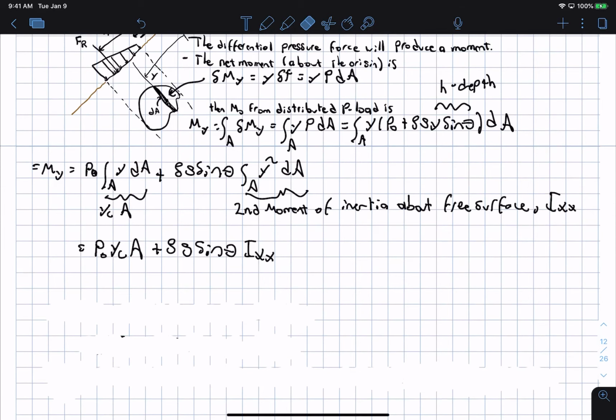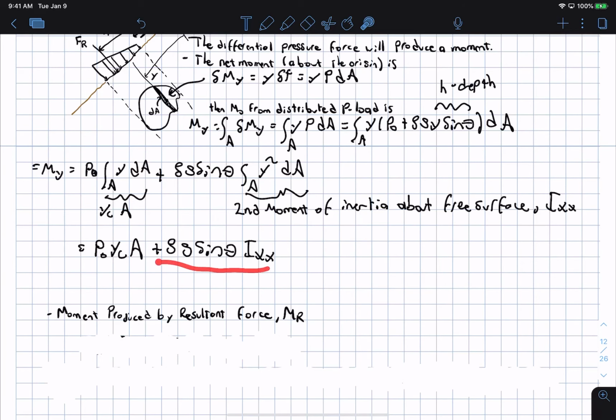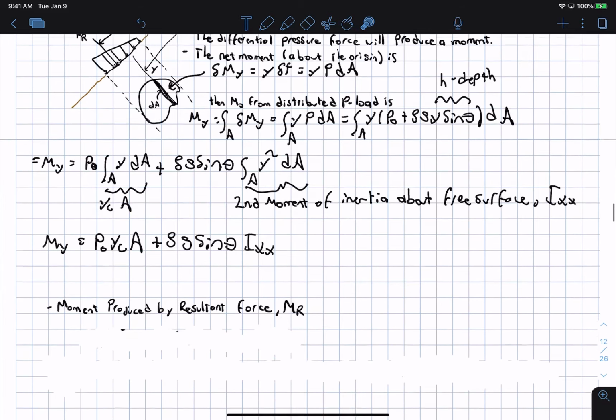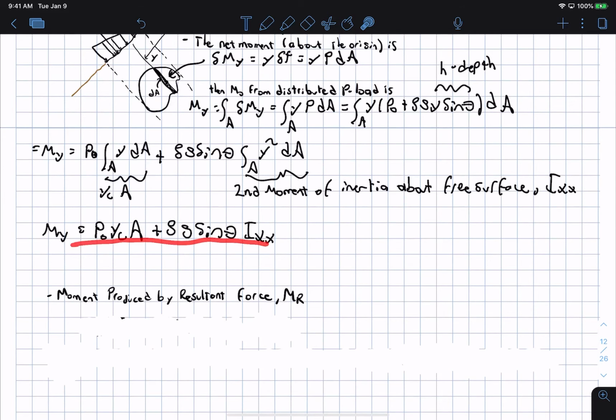So this is the moment produced by integrating the net moments on all of these little differential strips of the fluid basically pushing down on the surface. And we've basically added up all those moments, and this here is that net moment.